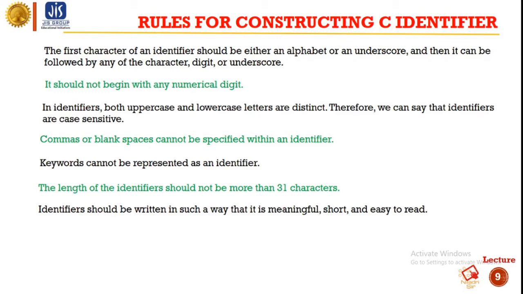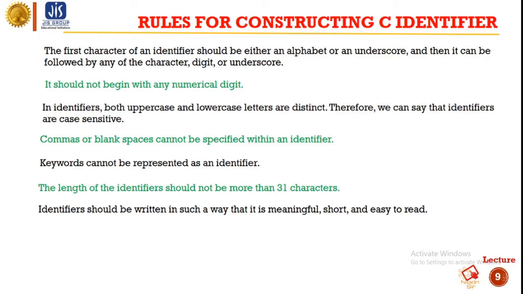An identifier should be written in such a way that it is meaningful, short, and easy to read. Suppose we want to add two numbers. We basically require three variables, two for the two numbers and one for the result. So it is better to take variable names like num1, number2, or result or summation.